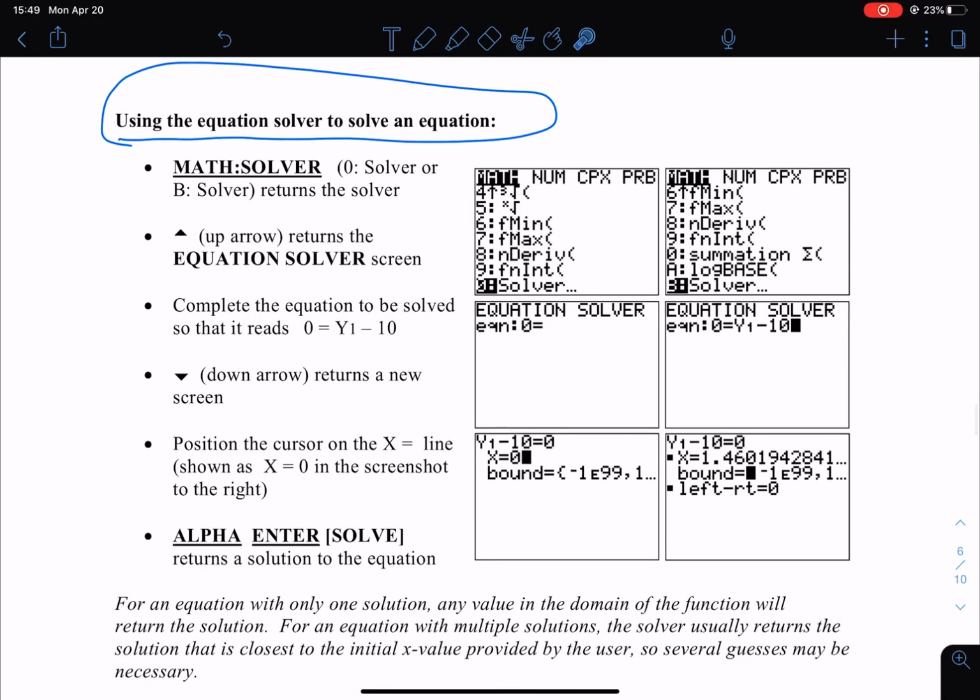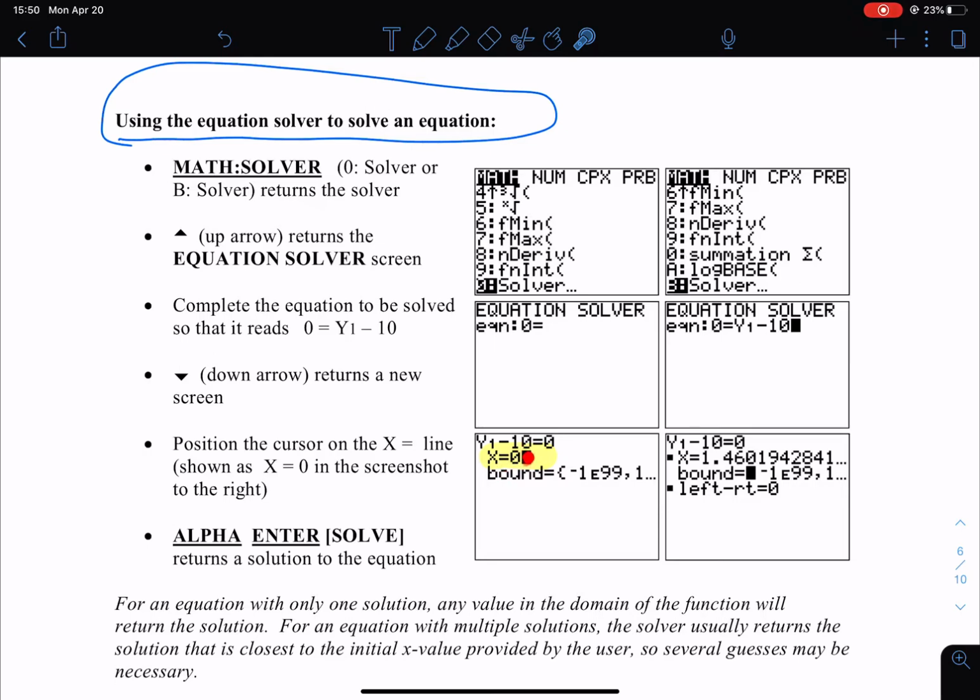And then you can see here, before you hit alpha and enter, we have an initial x value. Pay attention, this is not the solution. If you don't change it, normally it is set to 0. That means we are going to find the solution that is closest to 0.